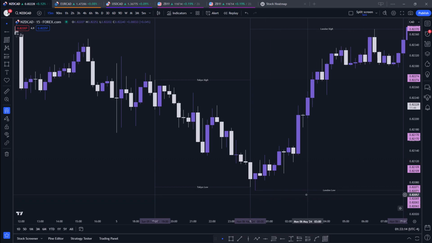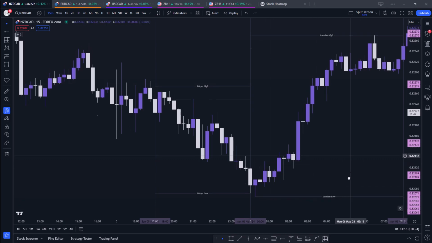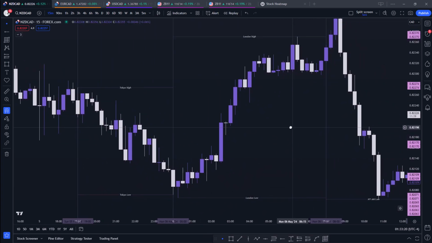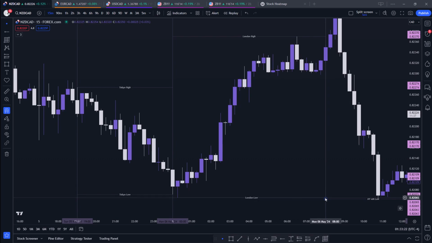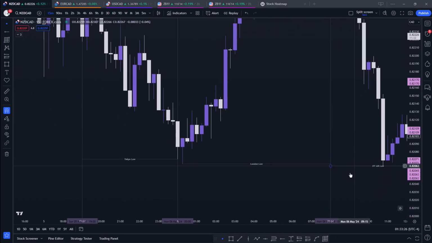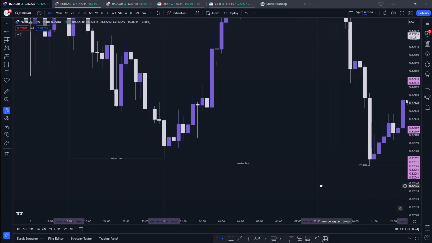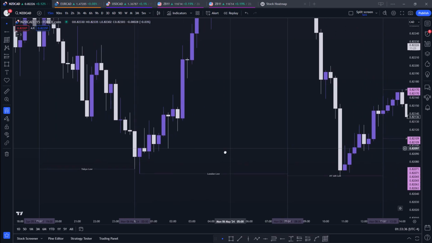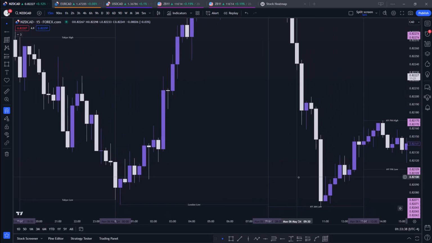Well, the London session low, which is the opposite liquidity, right? So we swept the highs, and now we expect to go to the low, and we see exactly at that point, by barely taking it, that it did take it. Looking at the difference between the two lines, we did end up sweeping that liquidity, which is the session low from London. So we swept the lows, and now we are going back into the range.